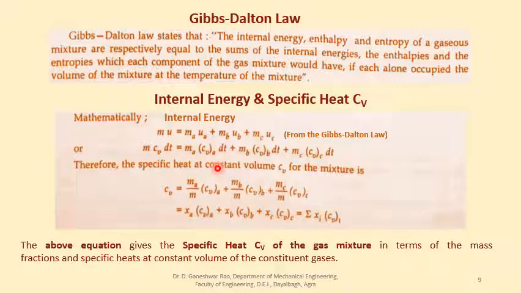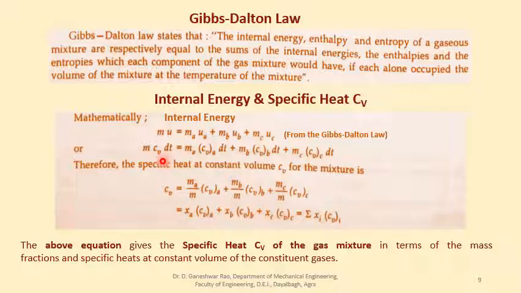Similarly, if CVA is the specific heat at constant volume for component A, CVB is the specific heat of component B at constant volume, and CVC is specific heat at constant volume for component C, then you can replace MAuA by MA CVA dT, MB CVB dT, MC CVC dT. Right?